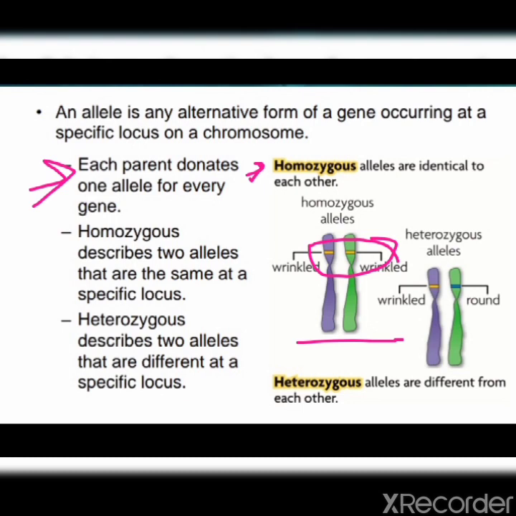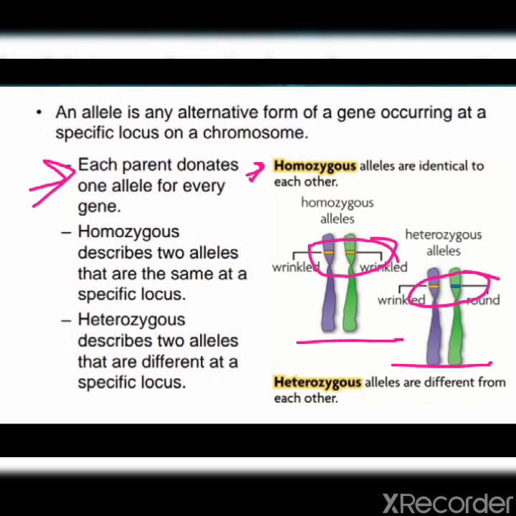Now you can see in heterozygous. Heterozygous describes two alleles that are different at a specific locus. You can see both are different to each other.